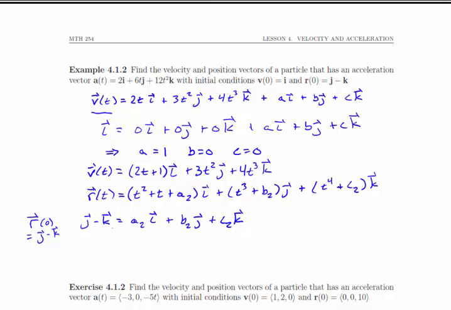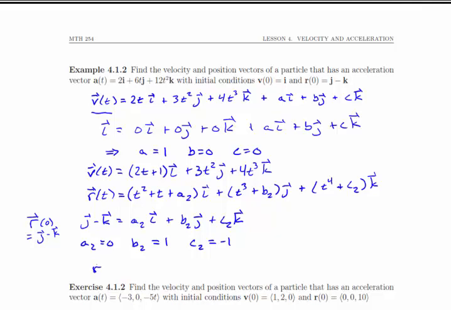And now we can do component matching. So a2 has to equal 0, b2 has to equal 1, and c2 has to equal -1, because our component for j is 1 and our component for k is -1.